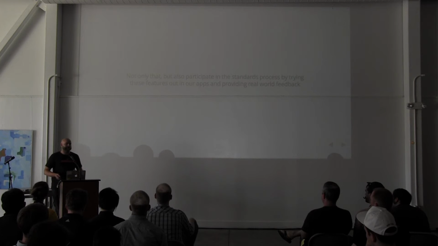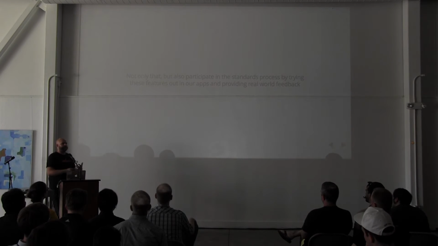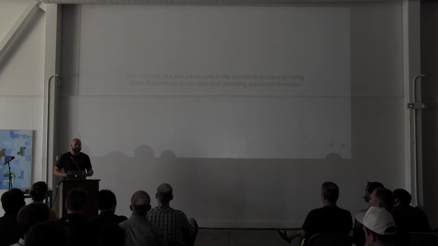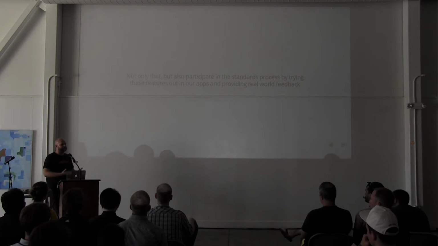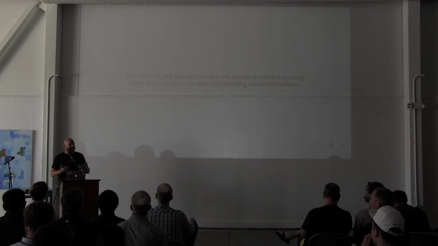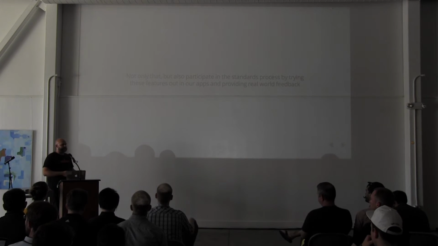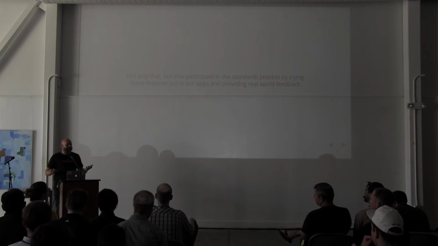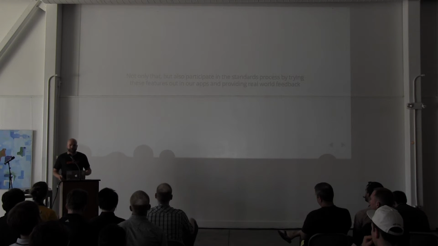But not only just use these features, but also be able to start using them so that we can actually participate in the process of standardization. We can actually use features potentially before browsers implement them in our applications, and then be able to actually have an opinion, right, about the real world usage of them.